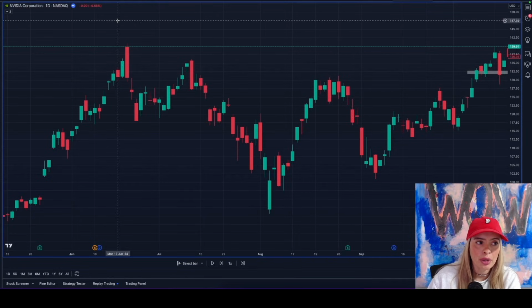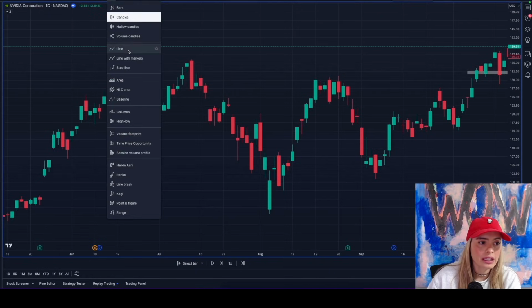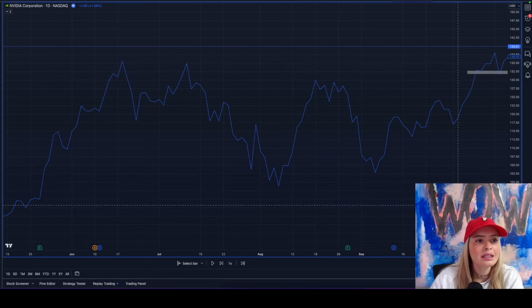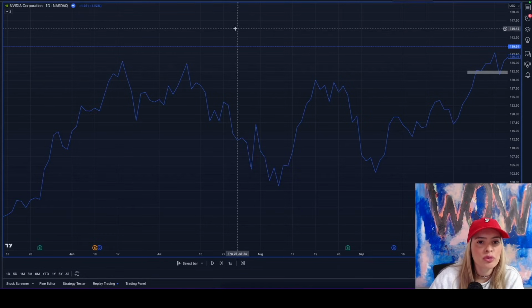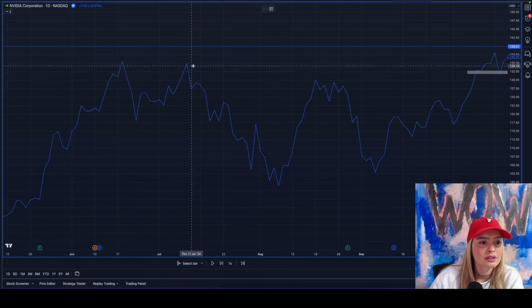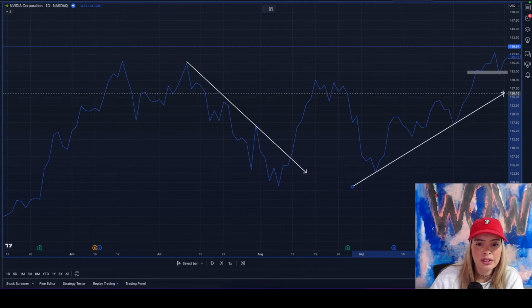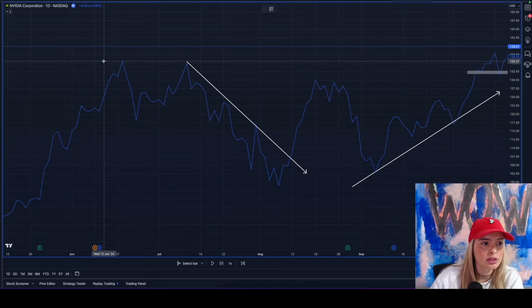shape, but a chart without candlesticks is this. So can we have a lot of info without candlesticks? It's a little bit more difficult. So I can definitely see this downtrend here, right? This uptrend here, and I can see a double top here.